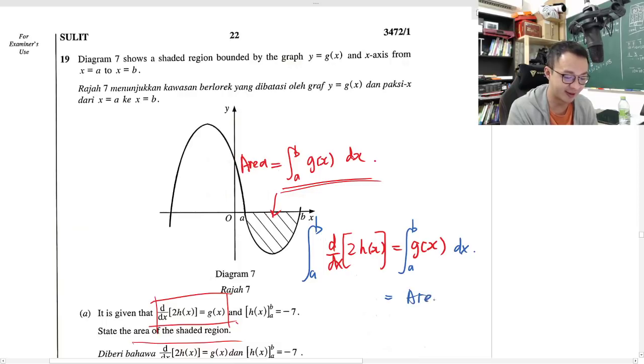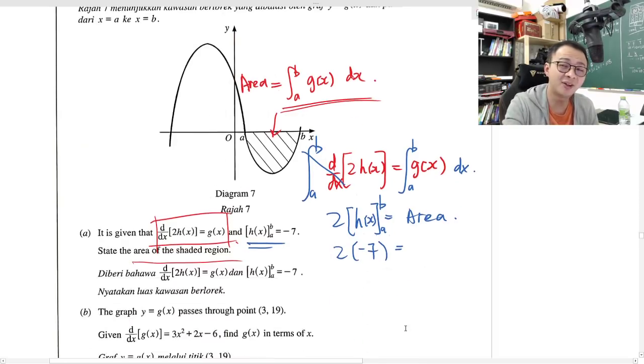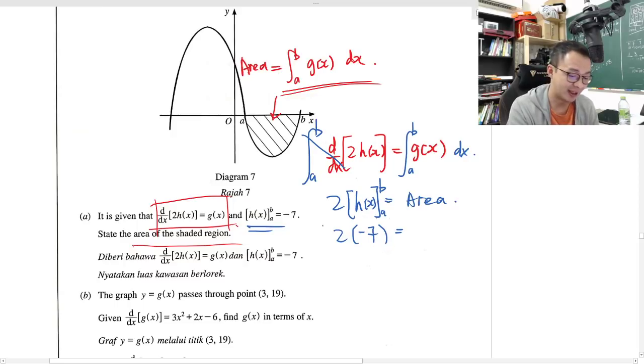Then I need to solve this, because as I said many times, when the integration symbol meets d/dx, you can simplify. After you simplify, you are getting h(x) integrated from a to b, and you realize you get negative 7. But area cannot be negative, so I add a modulus. So the area will be 14.